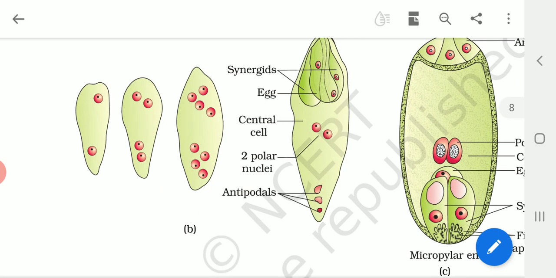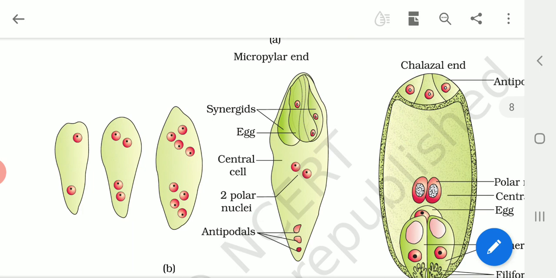After the 8-nuclei stage, cell walls are formed, leading to the organization of a typical gametophyte. Now let us see how these 8 nuclei get oriented. Look at the fourth stage: the three cells at the micropylar end will form the egg apparatus.